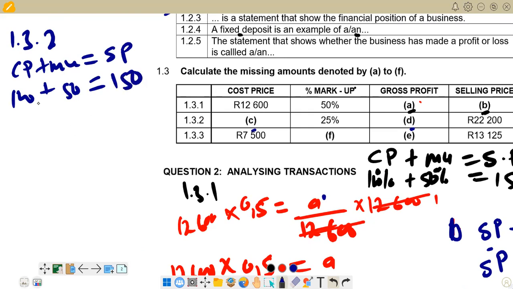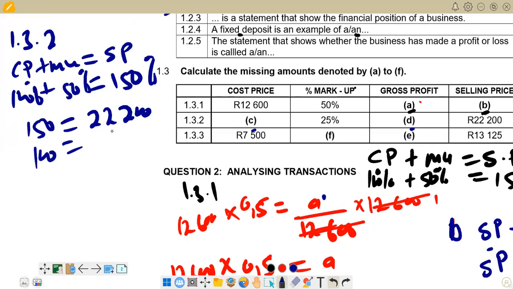In terms of percentages, we can just use proportion there, whereby we are saying our 150% is equal to 22,200. And then the figure that we are looking for is C, which is the cost price, and the cost price is 100%. So it's the figure that we are looking for, question mark.